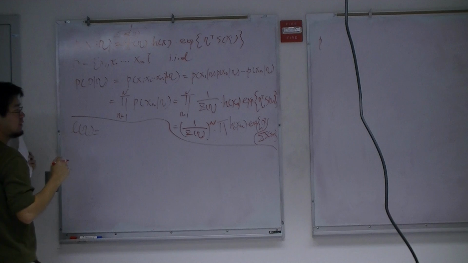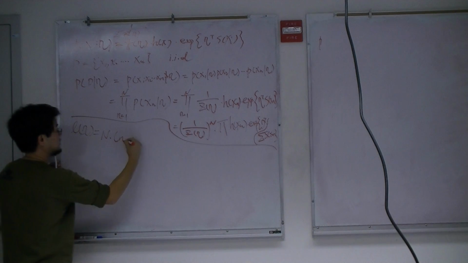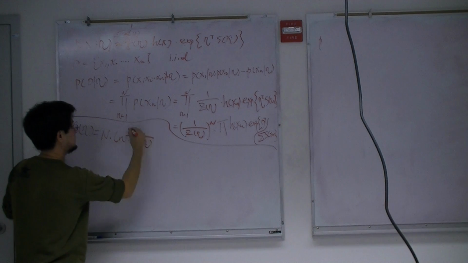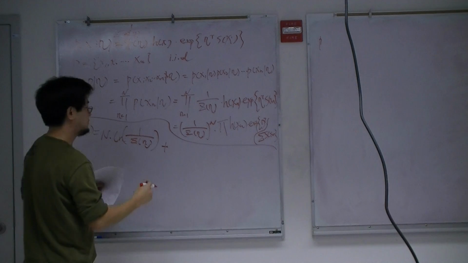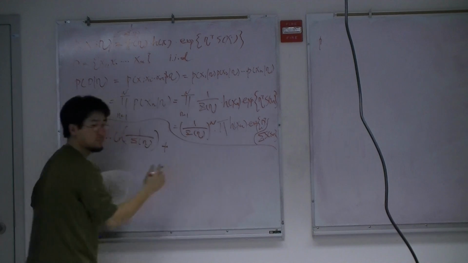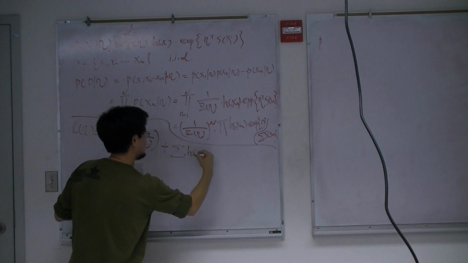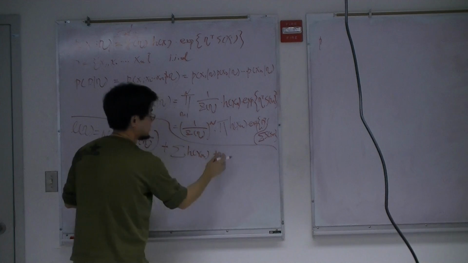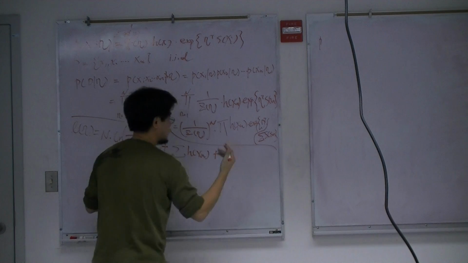To take the log, we have n log plus... if you take a log, the product becomes a summation. So we have a sum of h(x) times again, plus log of the exponent, which cancels out.